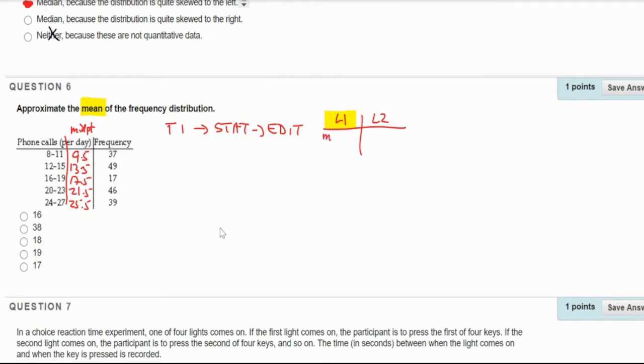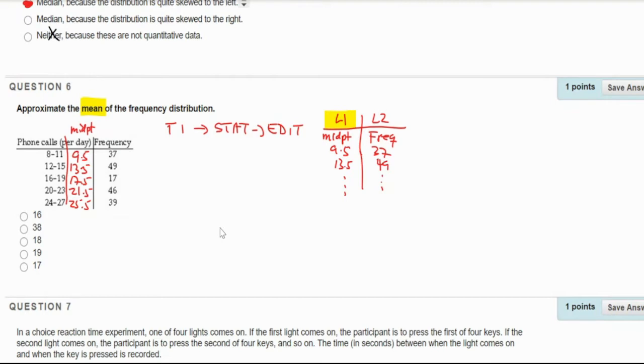The midpoint comes here, and then the frequency comes over here. So the 9.5, the 13.5, all those numbers will come here, and then the 37, the 49, all those numbers will come over here.